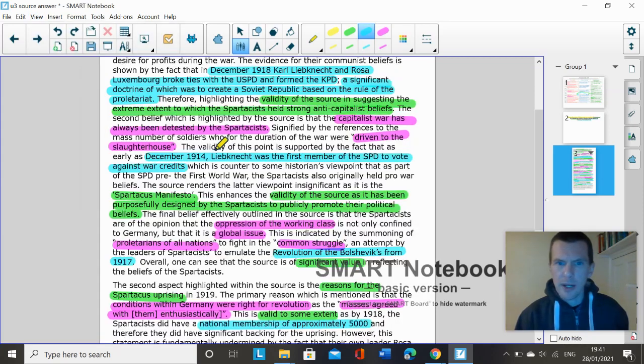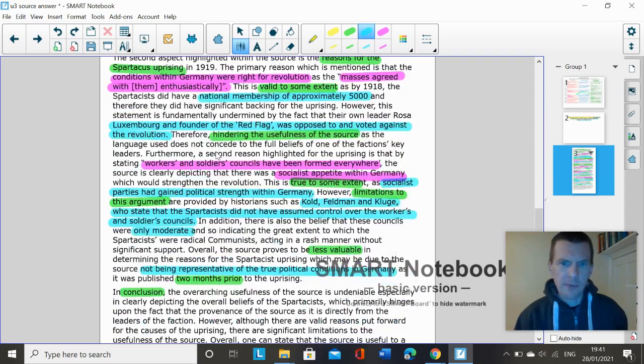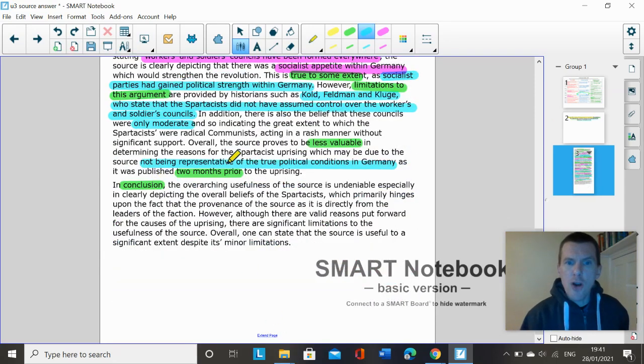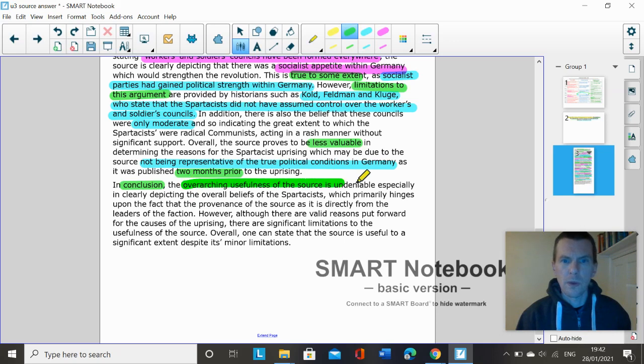So let's have a quick look at the conclusion down the bottom, the final judgment. In conclusion, the overarching usefulness of the source is undeniable, especially in clearly depicting the overall beliefs of the Spartacists. So beliefs, yes, which primarily hinges upon the fact that the provenance of the source is directly from the leaders of the faction.